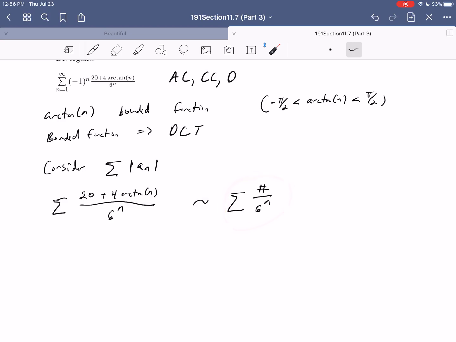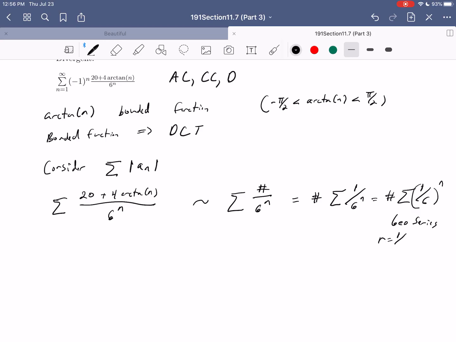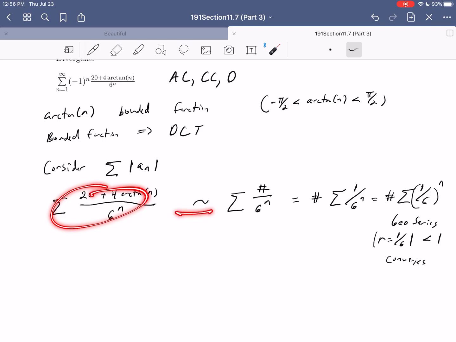Now, this might not look great, but if you just think about putting that number outside, that would be like a number times the sum of 1 over 6 to the n. And what is this? Well, this is a geometric series. r equals 1/6, which in absolute value is less than 1. So this converges.